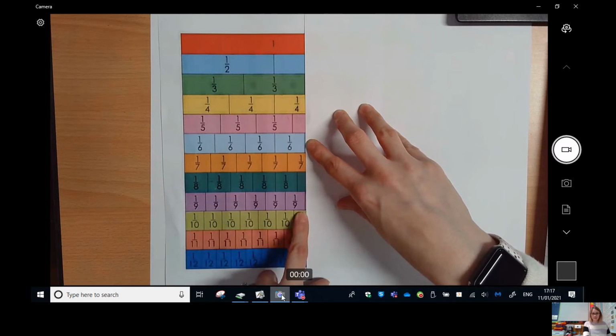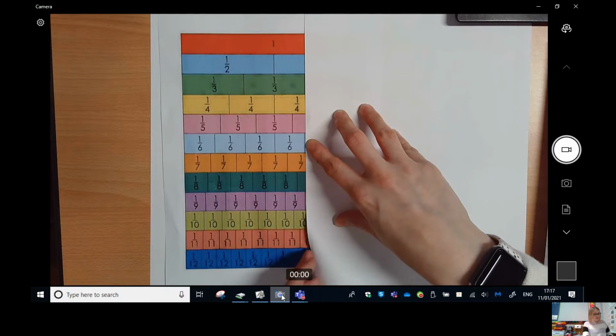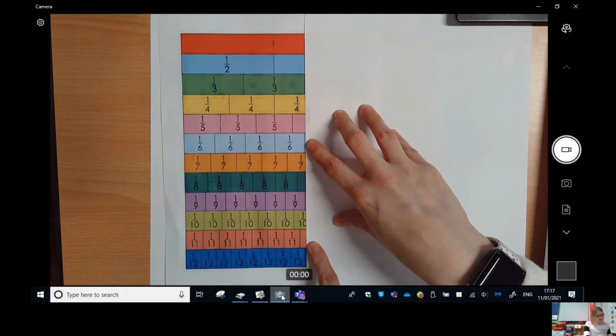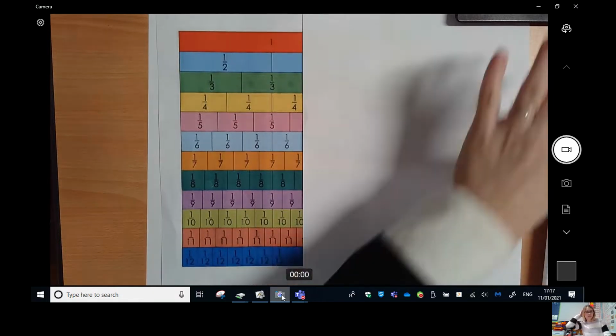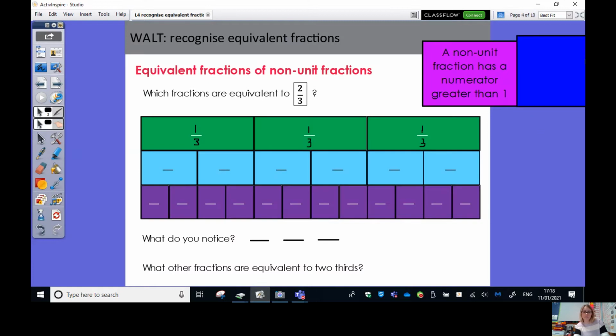Oh, I can see it's lining up with this one here. So that's my 9ths. So 1, 2, 3, 4, 5, 6 of those, 6 9ths. And then if I keep going down, 10ths isn't the same, 11ths, oh, 12ths is in line. So I have 1, 2, 3, 4, 5, 6, 7, 8. 8 twelfths. Okay, so let's have a look at that on our fraction wall here.